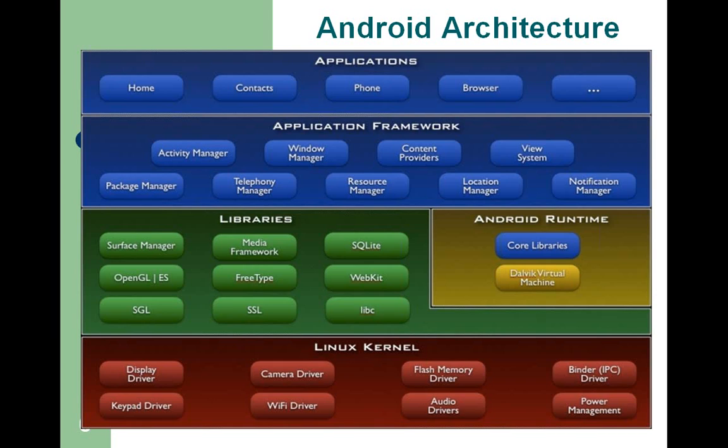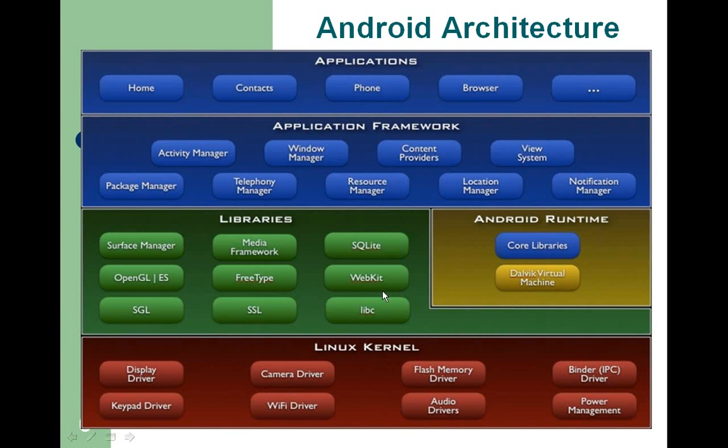We also spoke very briefly about the Dalvik Virtual Machine earlier. Dalvik Virtual Machine is part of the Android Runtime, which has been optimized by Android for mobile devices. Along with the Dalvik Virtual Machine, the Android Runtime contains core libraries, which provide a substantial subset of Java 5 Standard Edition, which includes your collections, IO, and so on.